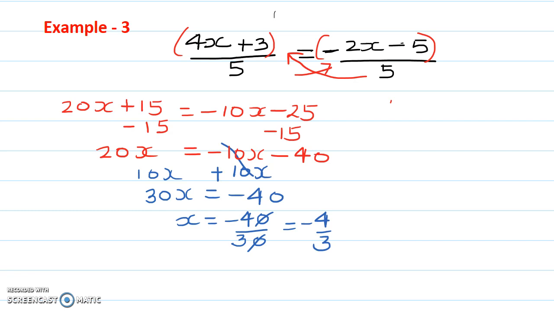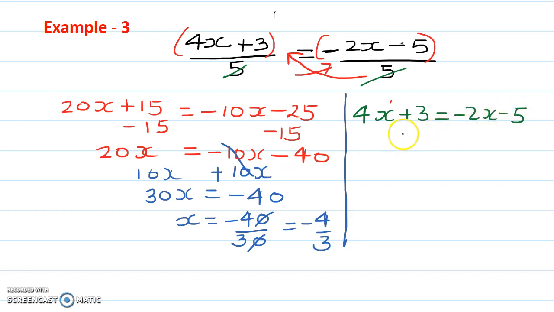And another thing you should have done here, that is the shortcut method. If you see here, it is 5 and 5, so you can cancel these two 5s, and we are left with 4x plus 3 and minus 2x minus 5. So do minus 3 both sides.